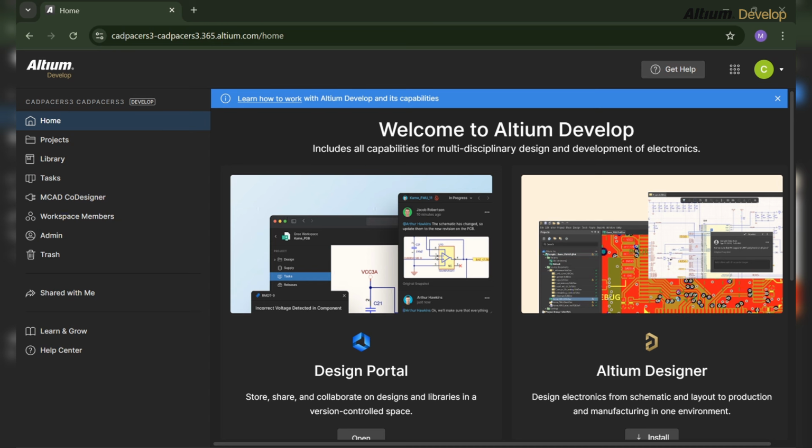Altium Develop is ideal for training because it has real projects, real-world projects which are assembled and tested for functionality.